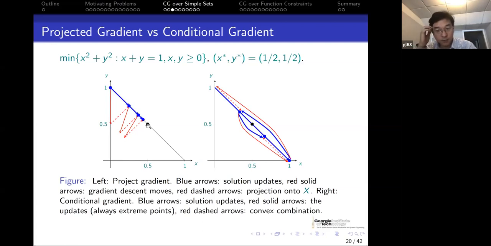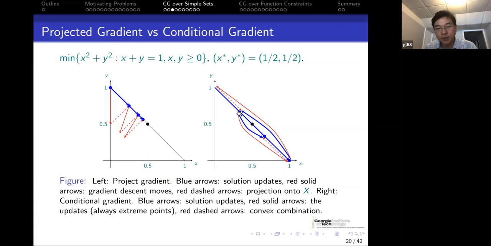Conditional gradient is a little different. I'm actually starting from 1, 0. Of course, you can also start from 0, 1. I do a linear optimization that gives me a solution, actually the extreme point 0, 1, and then I take a convex combination between this solution 0, 1 and my current solution 1, 0. Then I'm going to move to this search point here, which is a convex combination of these 2 points.